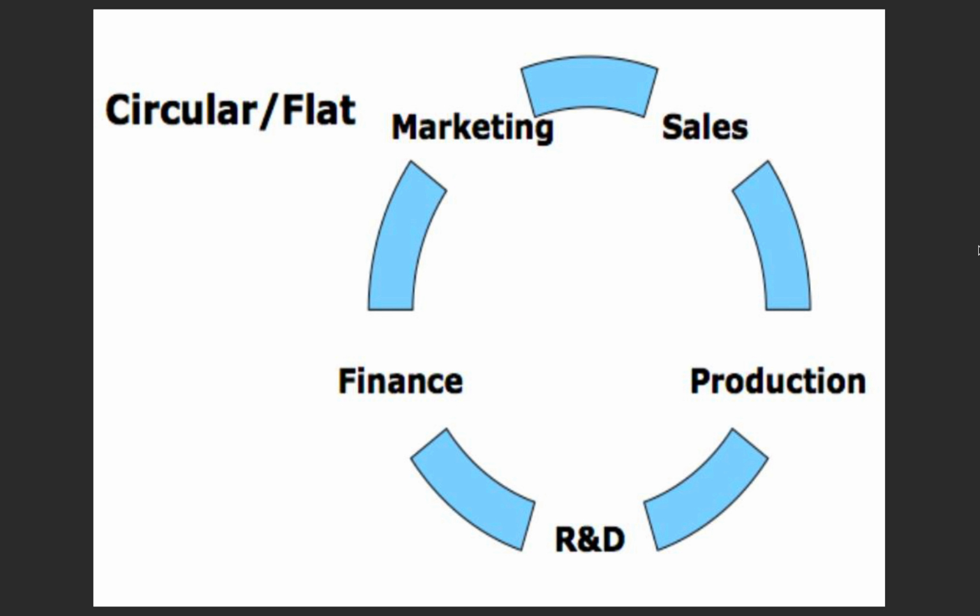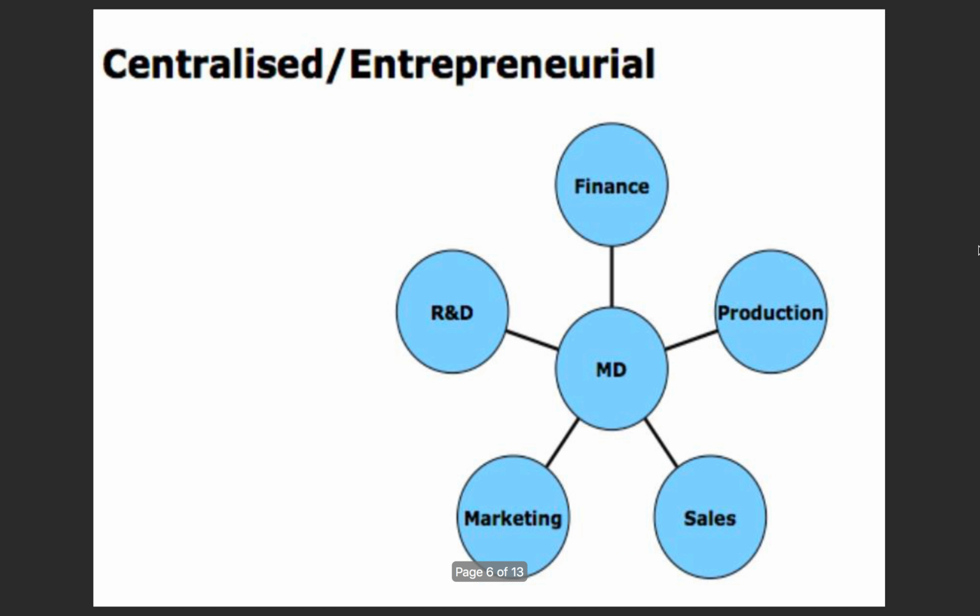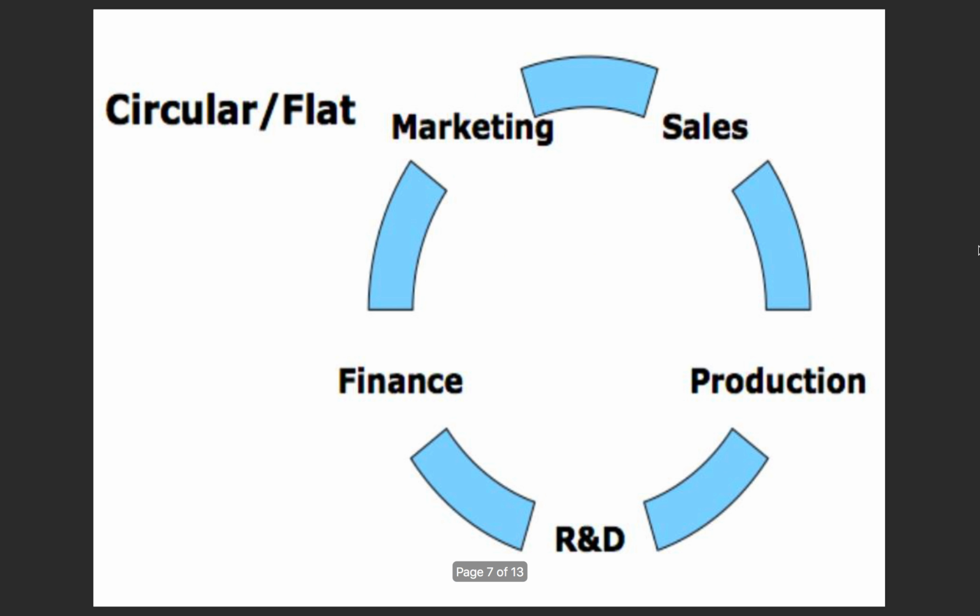And here it goes circular or flat, and this refers to the tall or vertical organizations, which is just another example of horizontal or flat organization where power is shared throughout the organization rather than having a hierarchy responsible of the lower employees and so on.